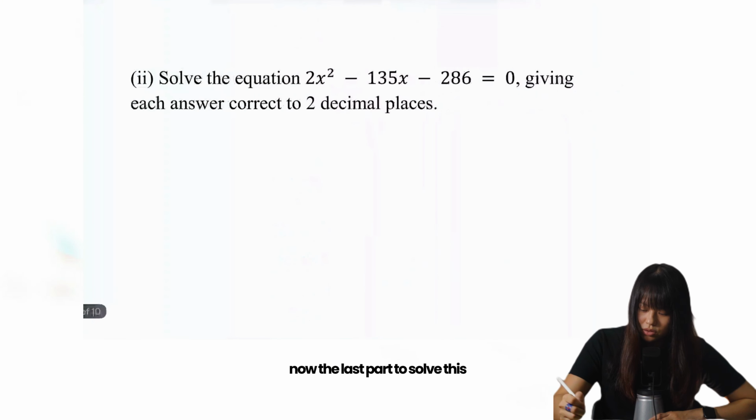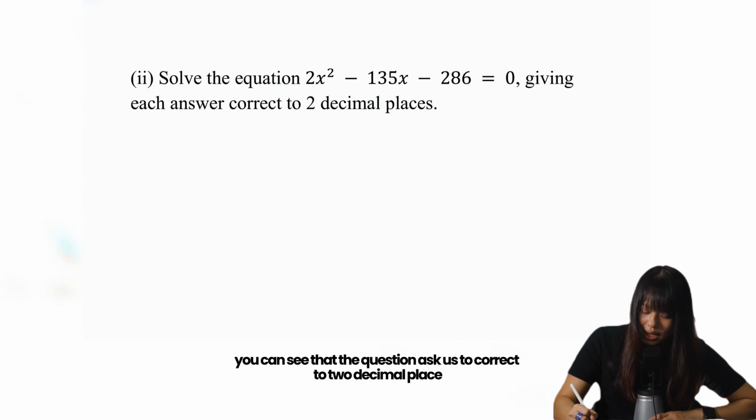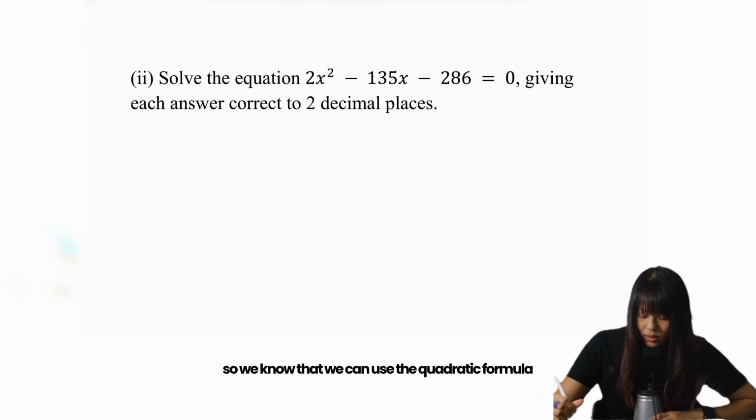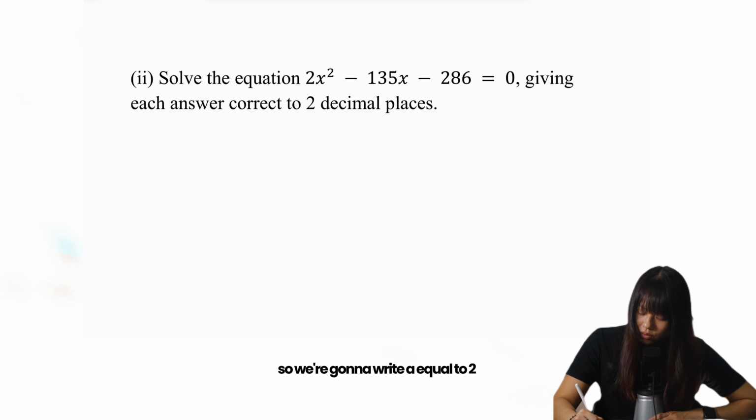Now, the last part to solve this: you can see that the question asks us to correct to 2 decimal places. So we know that we can use the quadratic formula. We're going to write a equal to 2, b equal to minus 135, c equal to minus 286.